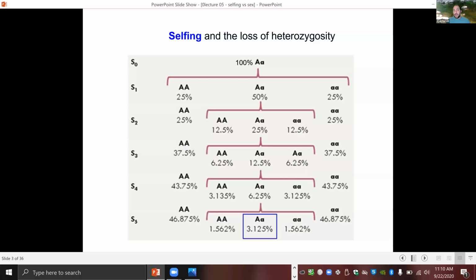If we go to the next generation, so S1 to S2, remember, we're a selfing population, so these big A homozygotes can only reproduce with themselves, so they can only produce big A. So they're kind of locked in the homozygote gene pool. And the same is true for the other homozygote, whereas you get the same situation happening again with your heterozygotes.